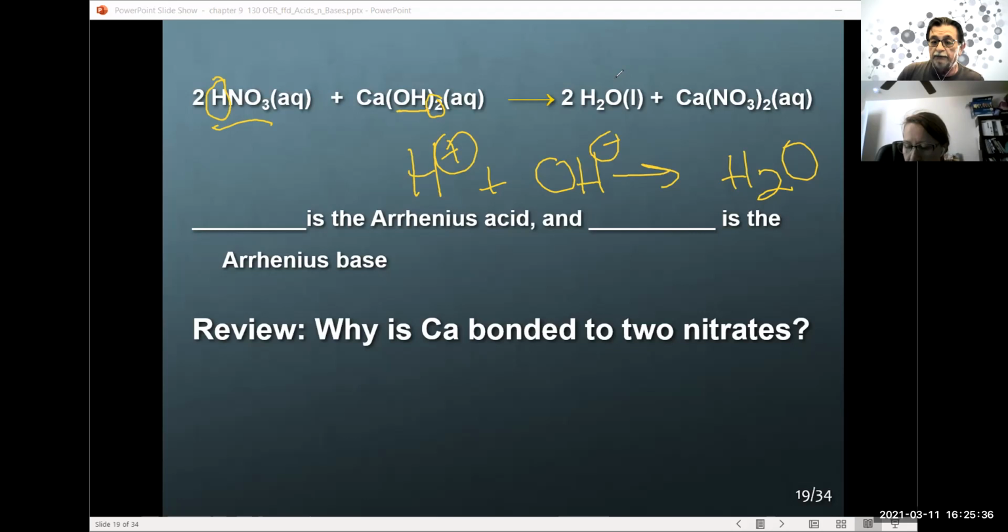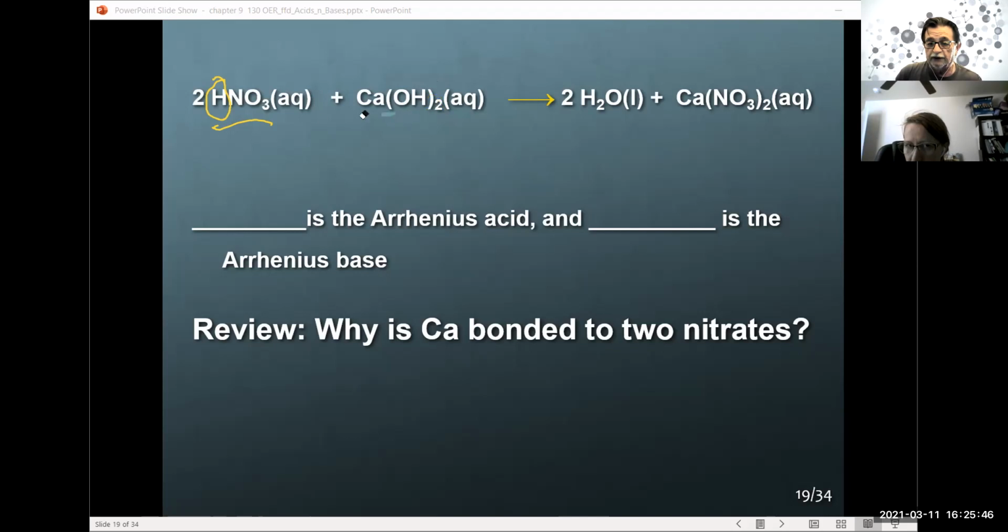Now, with that in mind, you can see that you have a hydroxide right here, obviously. More than that, you got two of them. And I need to neutralize those two. This is a neutralization reaction.